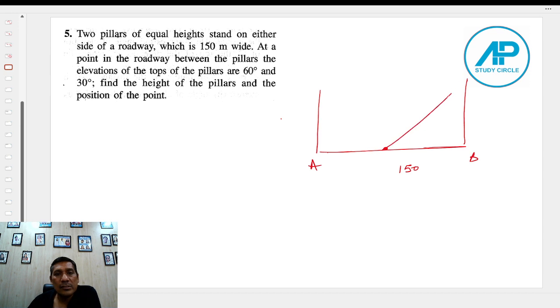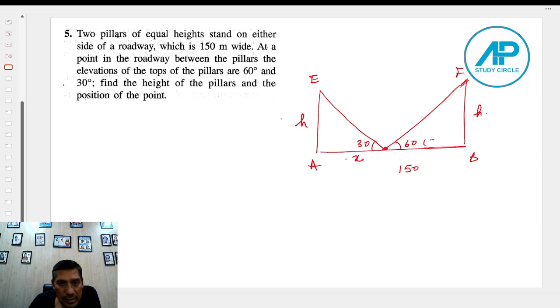The elevations are 60 and 30. Find the height of the pillar and the position of the point.